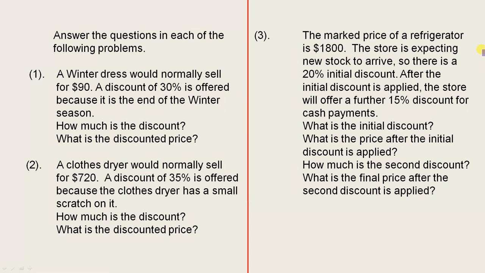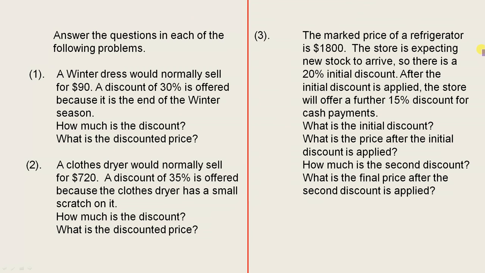The marked price of a refrigerator is $1,800. The store is expecting new stock to arrive, so there is a 20% initial discount. After the initial discount is applied, the store will offer a further 15% discount for cash payments.